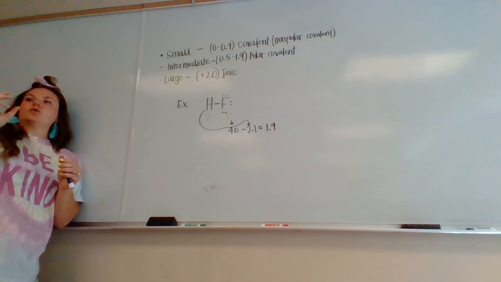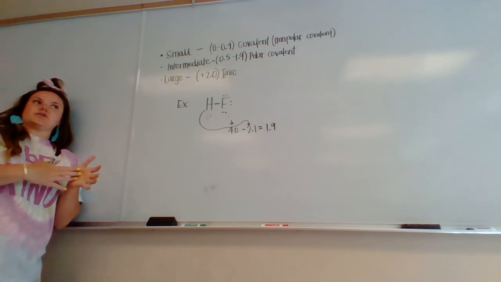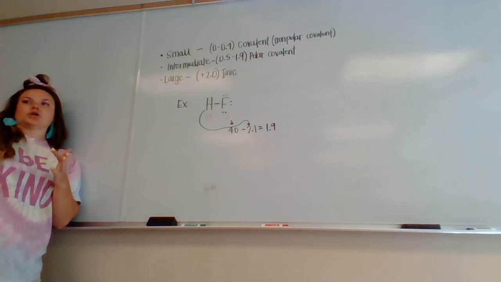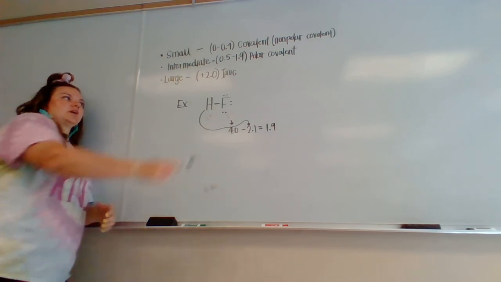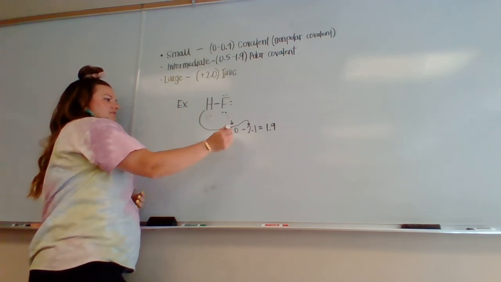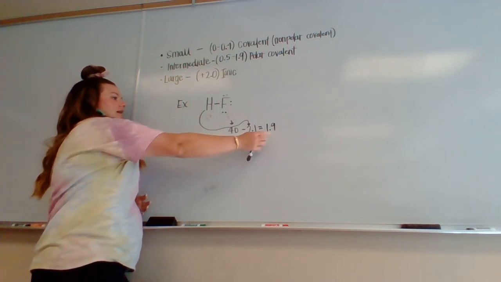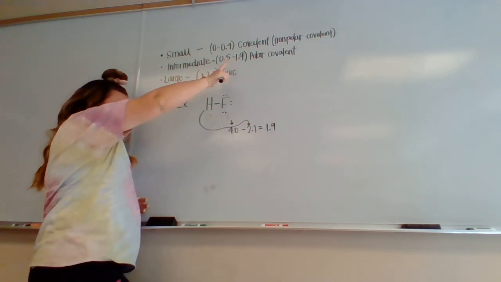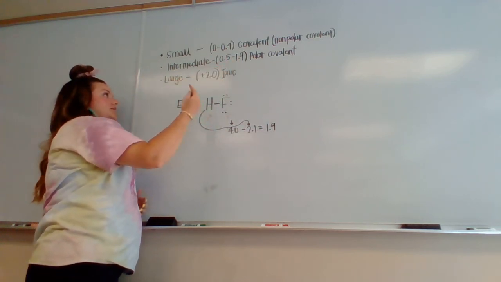You want to do the biggest electronegativity minus the smallest, so you don't get a negative number. So I know fluorine is 4, hydrogen 2.1, so I say 4 minus 2.1, I get 1.9. That falls in the polar covalent region, so this bond is polar covalent.